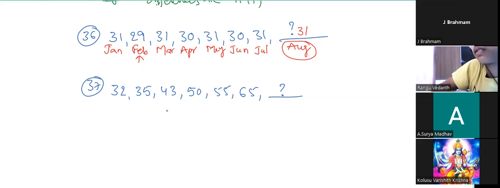Difference based question only. But after finding the difference, you need to find the logic for those difference numbers.